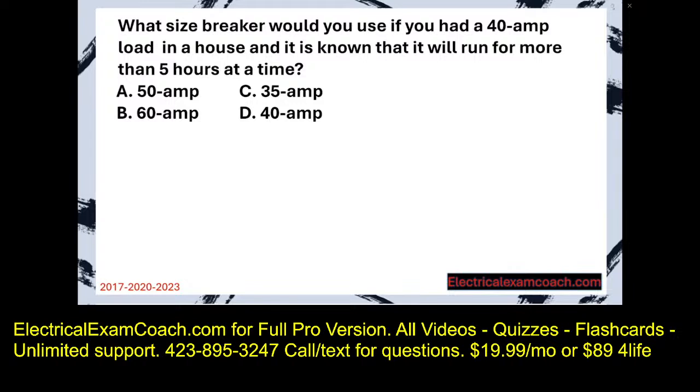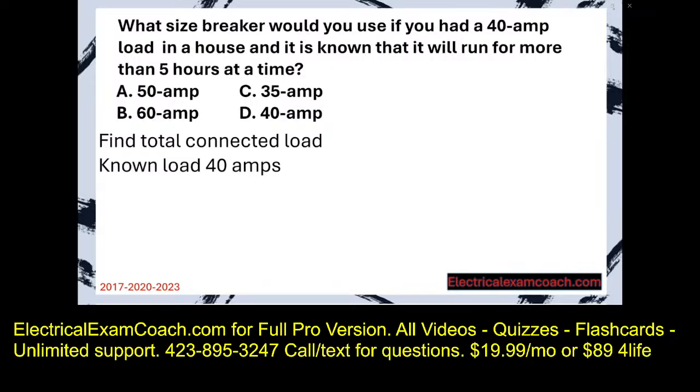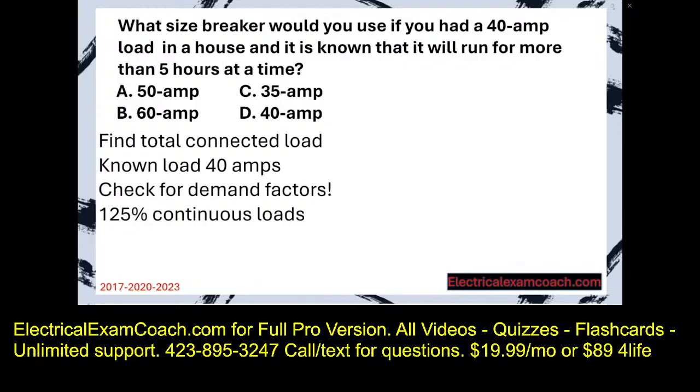What size breaker would you use if you had a 40 amp load in a house and it's known that it will run for more than 5 hours at a time? Step 1, find our total connected load. Our known load as of right now is 40 amps. But we must check for demand factors. And in this case, we have our continuous load multiplier. It's very important to note that the test makers will put different numbers of hours to see if you're paying attention.